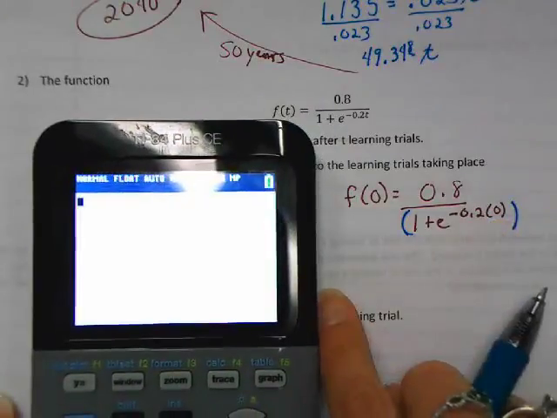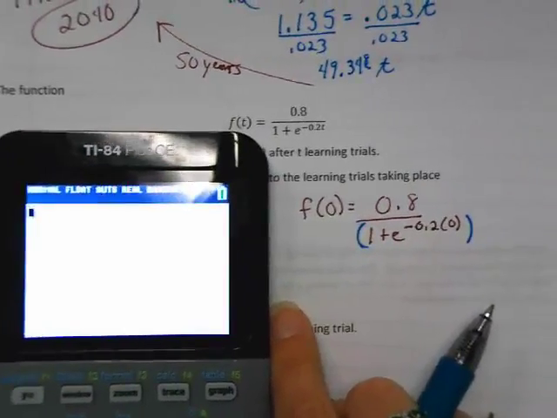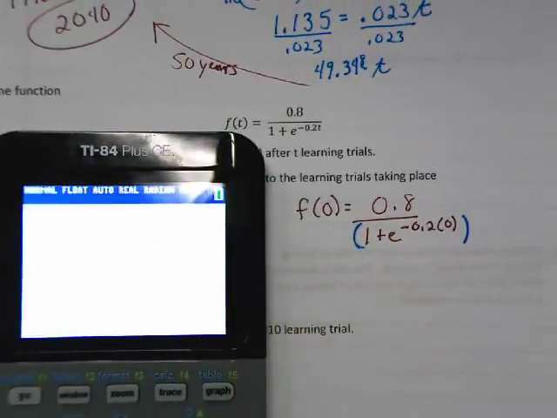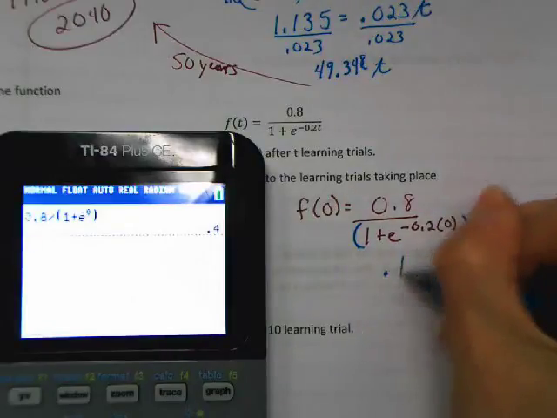Alright, so 0.8 divided by parentheses 1 plus e, remember, second natural log, and we said 0. For those of you who had the 84, you had to hit the big arrow to get yourself down to close your parenthesis, and I get 0.4, which means 0.4 people get it correct even before I've given them any of the learning tasks.